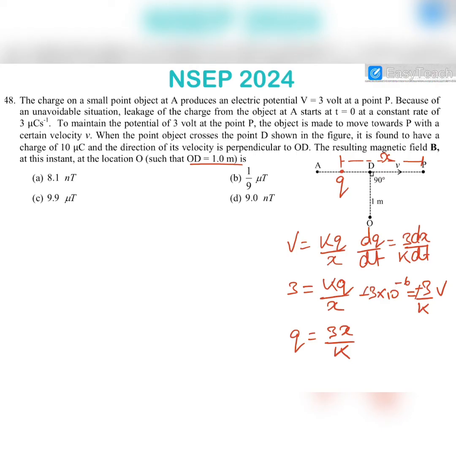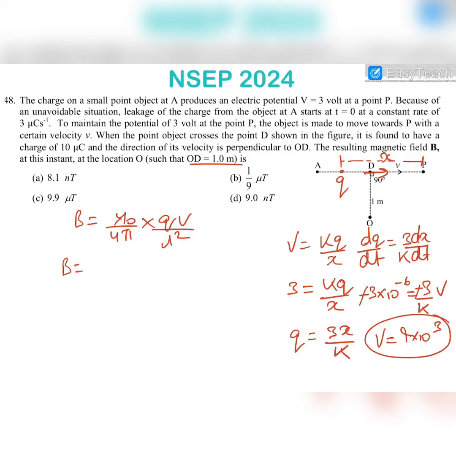So cancelling this minus, v will be equal to K, which is 9 into 10 raised to power 9, into 10 raised to power minus 6. It is 9 into 10 raised to power 3. This is the velocity. And we know that magnetic field at this perpendicular point, when the charge is situated at this point, will be mu naught by 4 pi into q v by r square.